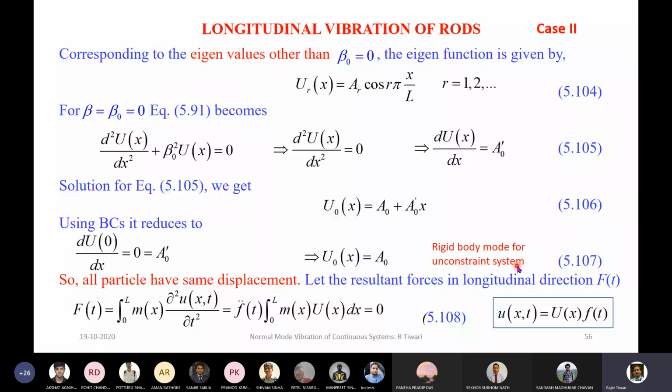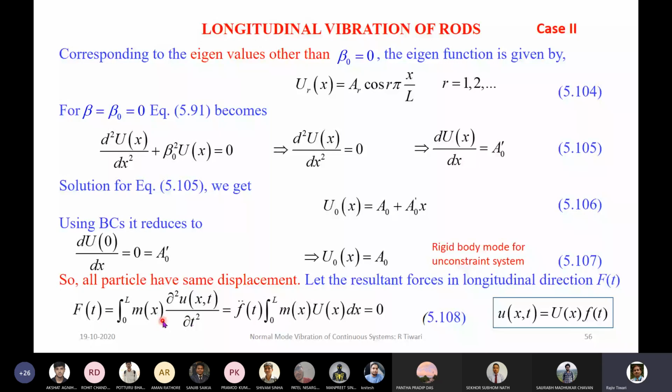Now, let us say there is a resultant force in the longitudinal direction of this particular beam, Ft is the external force. So according to Newton's law, the external force is equal to the inertia force.